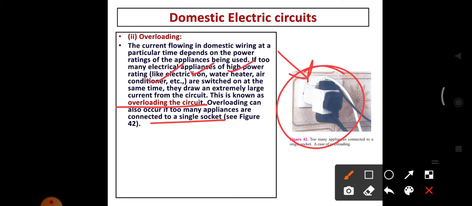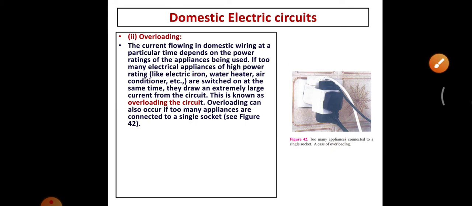When the 4 appliances are connected to a single socket, it draws a large amount of current from the circuit. Due to that, the overloading occurs in the circuit. For avoiding overloading and short circuit, we have to use fuse wire in our domestic circuit.